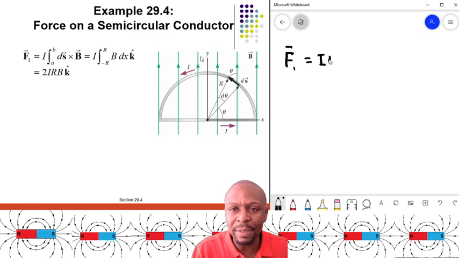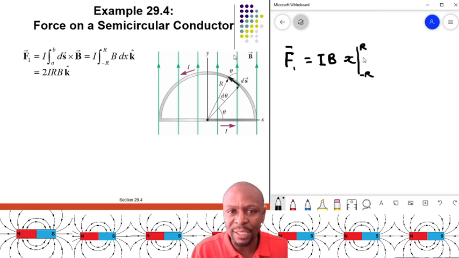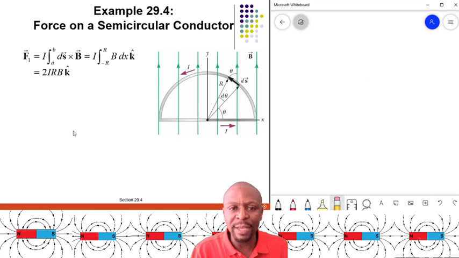Now, the integral of dx is nothing else but x. Then you put minus R and also R there, and when you work this out, you see that this is just 2R. Therefore, when you plug that in, this is what you are going to have, and that is for the flat surface of the wire.